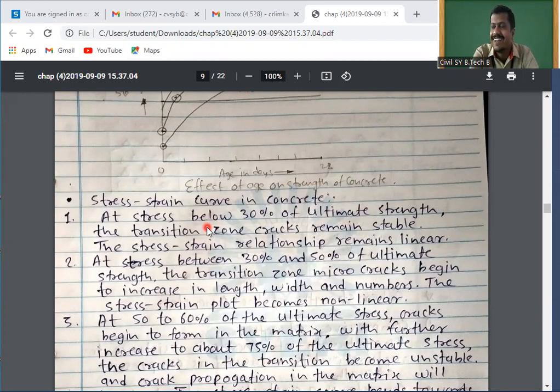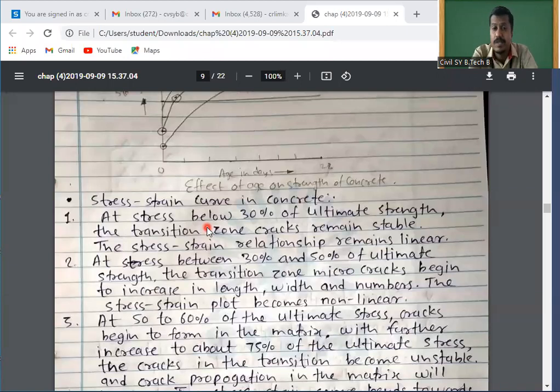What is Hooke's law? Again, I will repeat the definition. Within elastic limits, stress is directly proportional to strain. This is the ratio of stress to strain within the elastic limit. Okay, that is your Hooke's law.